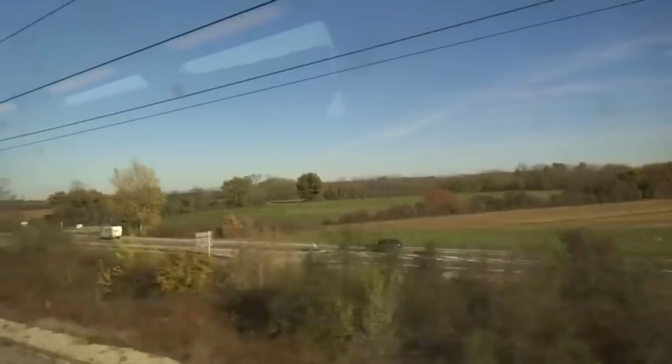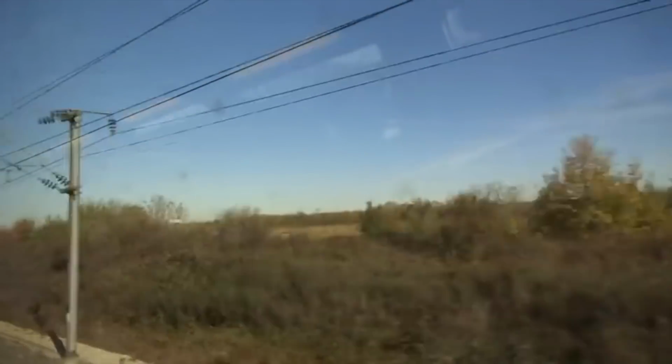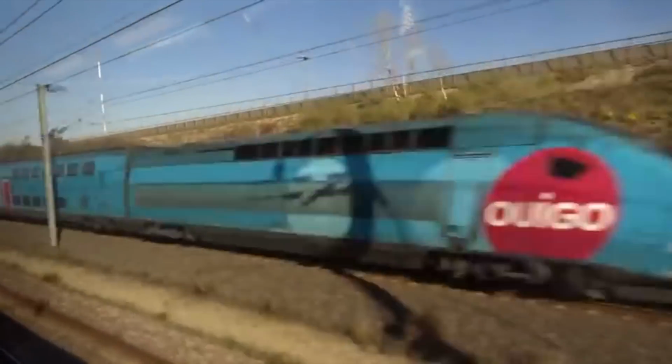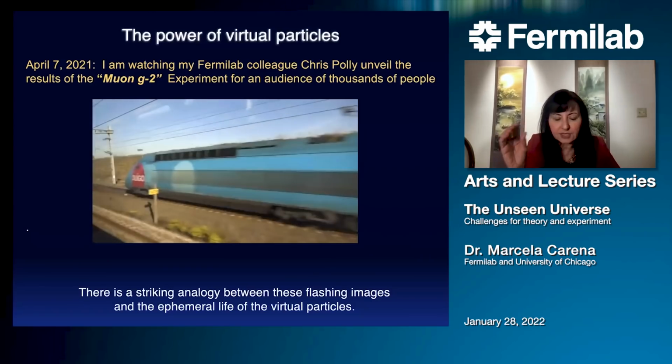I saw houses and people and nature, all gone in the blink of an eye, but enough for my imagination to feel a full story. At that time, I had just finished analyzing the flickering effects of virtual particles on a special property of the muons, the same type of property that is now under scrutiny at the Fermilab experiment. Today, again, I am trying to discover the story that is behind the muon G-2.